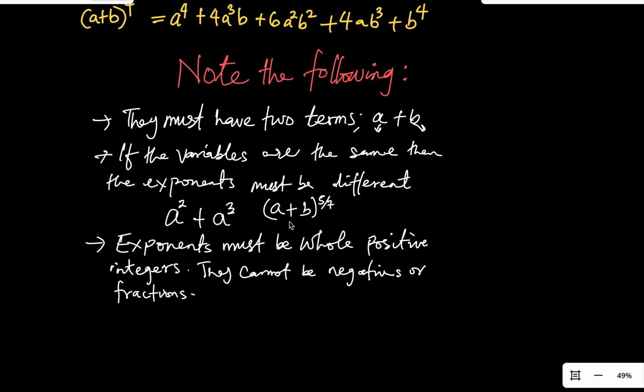No. Na wetin I dey try talk be that. For you to call am binomial, if they get the same variables, make sure say the exponent dey different. And then the last one, I say exponent must be whole positive integer. Like 2 na whole positive integer, 3, 20, 5, all of these things na whole positive integer. Na im be wetin we dey try to let you know be that.